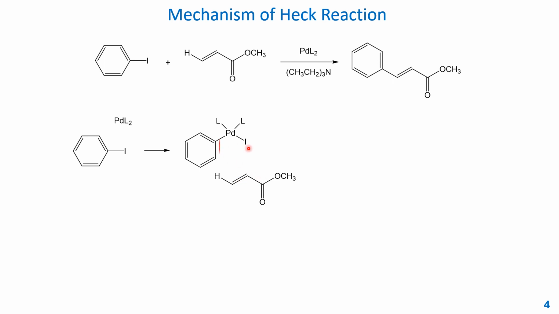So the phenyl group will migrate or attack this carbon, and then the pi bond is broken, and the pi electrons will attack the palladium. So the intermediate will be shown here.